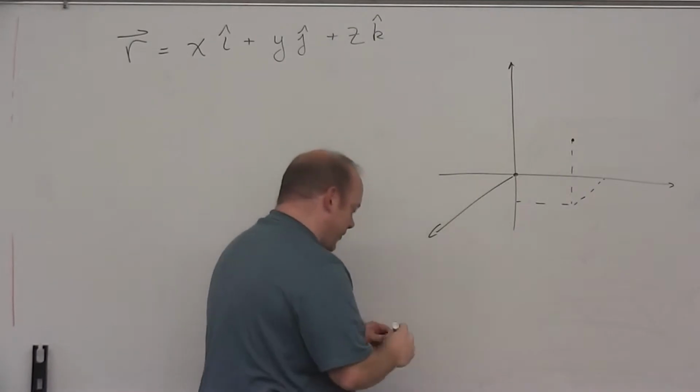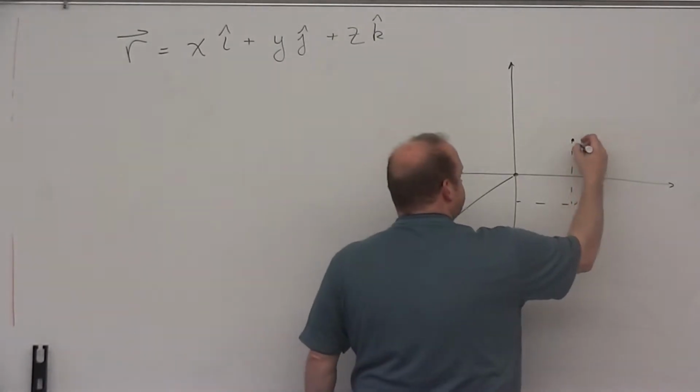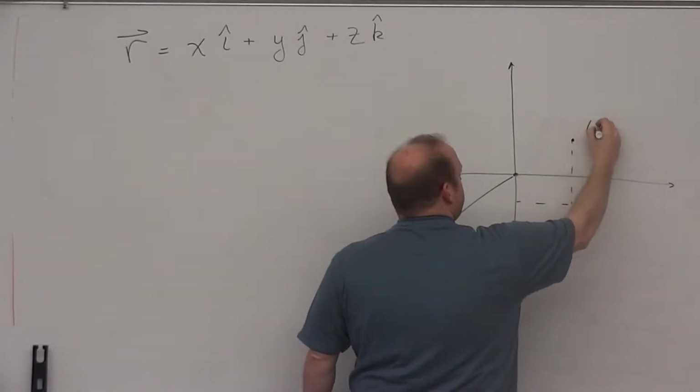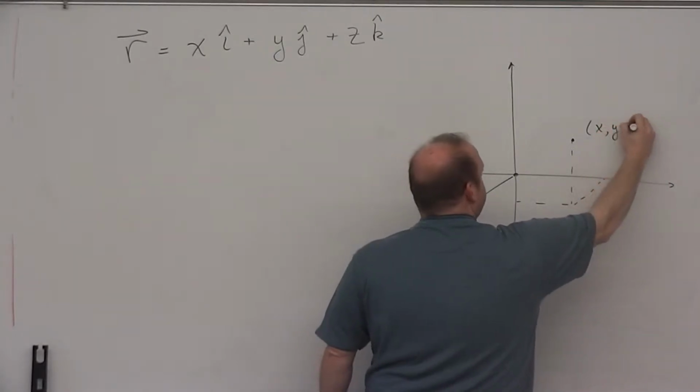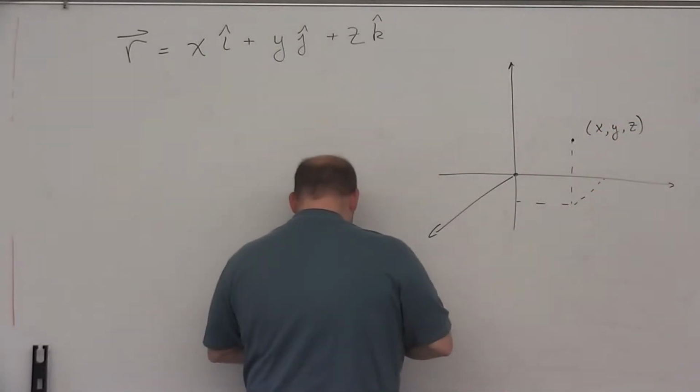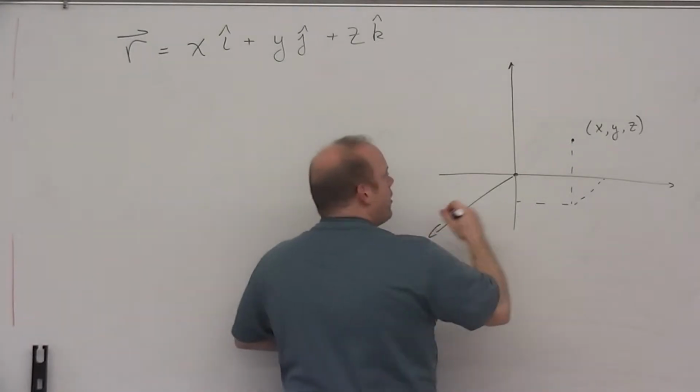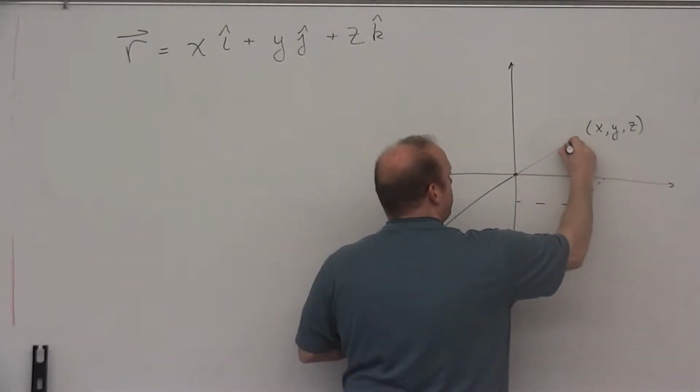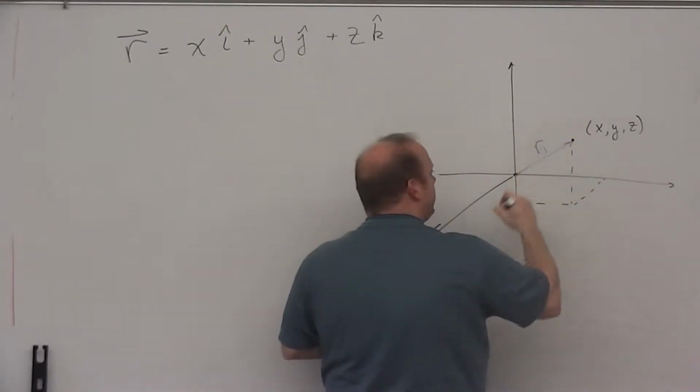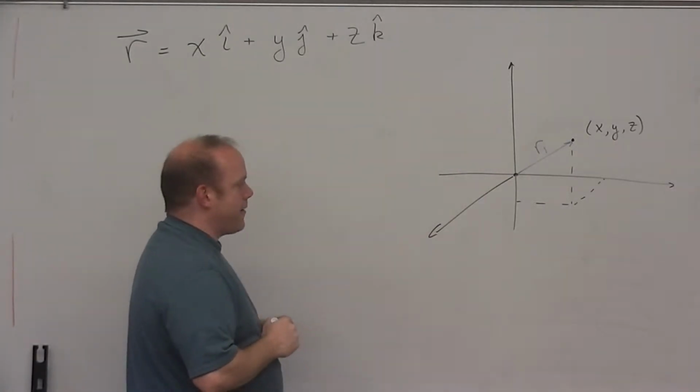Okay, so I'm located right there. My position vector, the x, y, z, I'll call this R1. So that's, physically speaking, what R1 would look like.